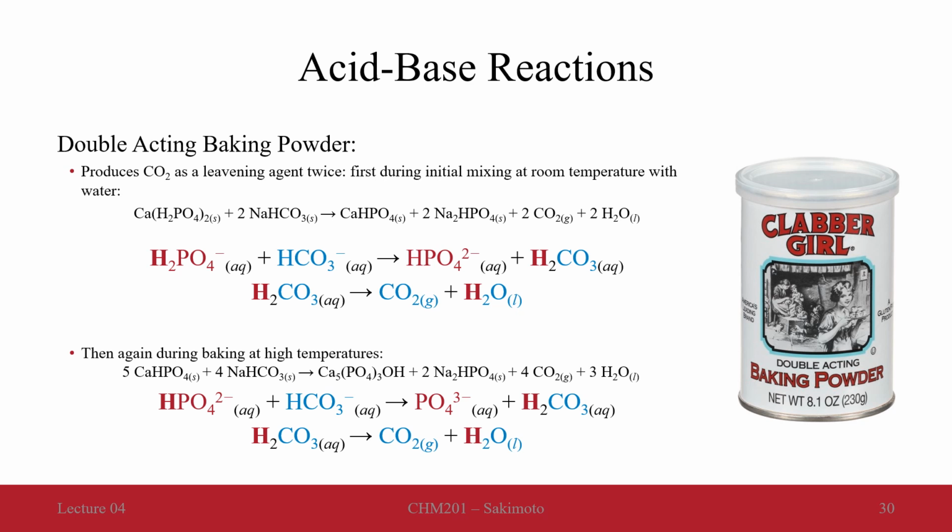This carbonic acid then decomposes to give us water and CO2 once more. Both are acid-base reactions with the same essential net ionic equation of an H plus transfer from acid to base, in this case giving us CO2 as a primary product.